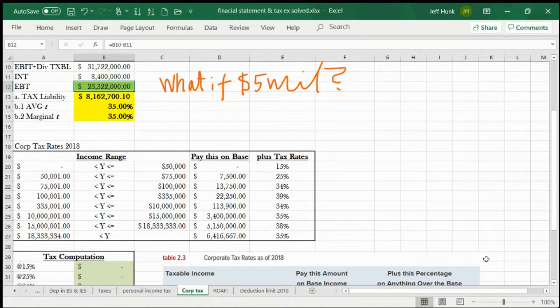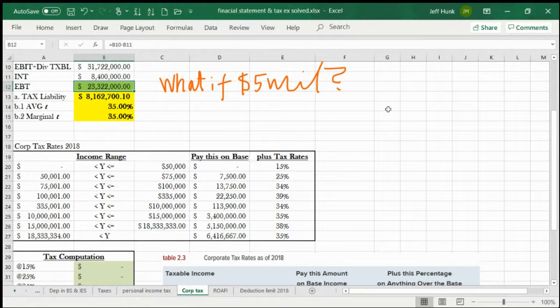But this Excel model should be applicable under whatever taxable income it may be. It could be 5 million, it could be 16 point something million.